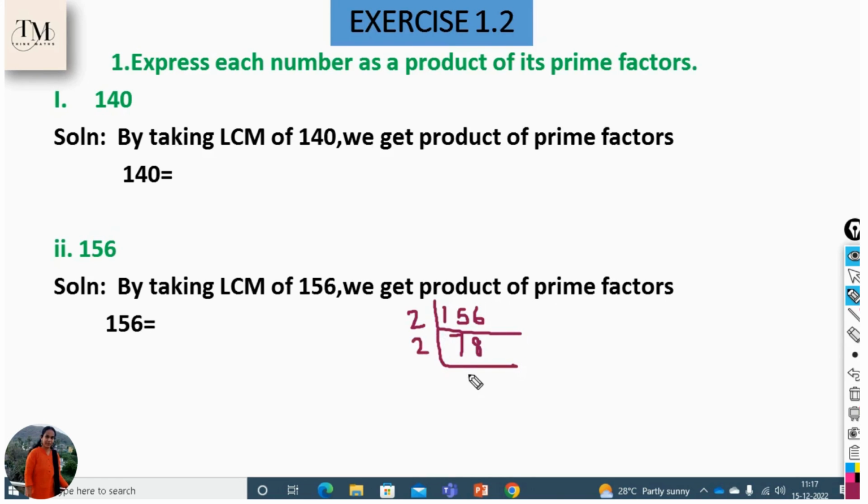Again I take 2. 2 threes are 6, balance 1, 2 nines are 18. So 39 is not even, so I take the next prime 3. 3 threes are 9, 3 thirteens are 39. 13 is a prime number, so we can stop here. So 2 appears 2 times, so 2 power 2 into 3 into 13. This is the prime factorization for 156. Okay. So let us go to the next problem.